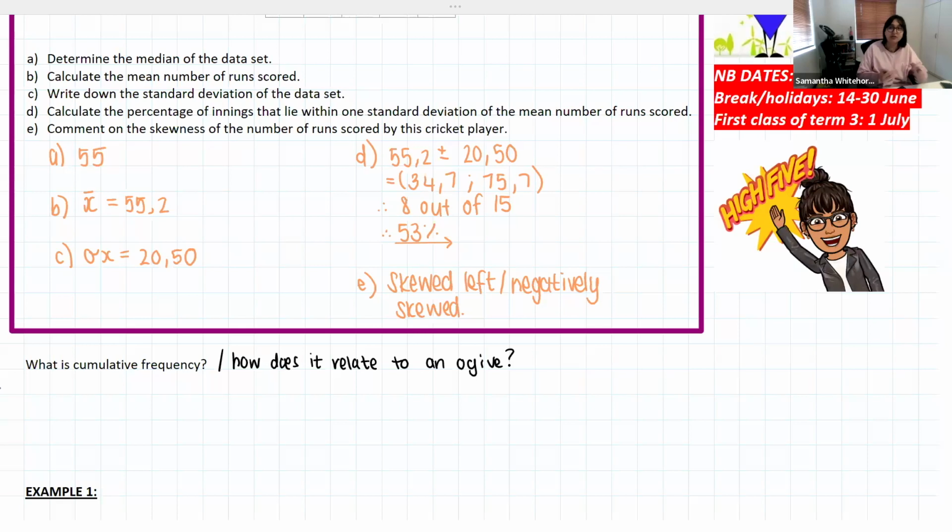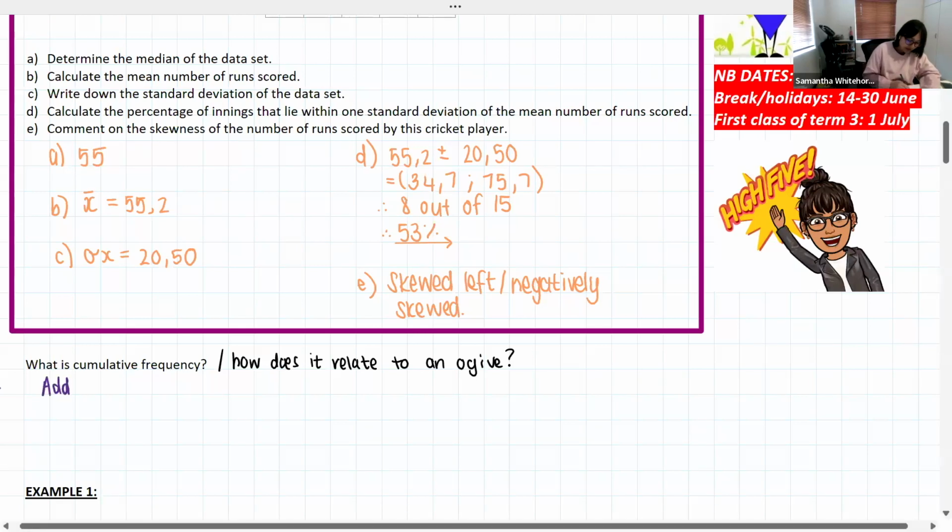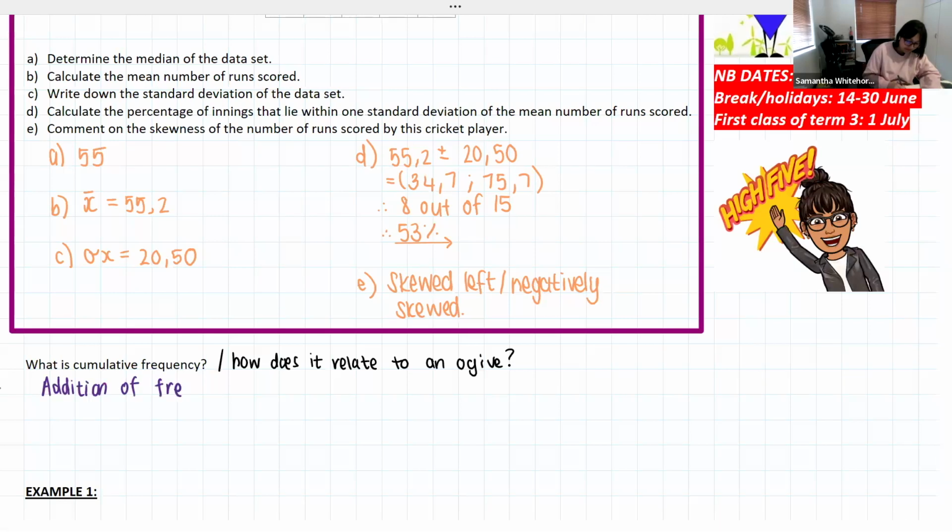Okay, so guys, cumulative frequency is basically the addition of your frequency. You're going to see this now in a second how we calculate it.